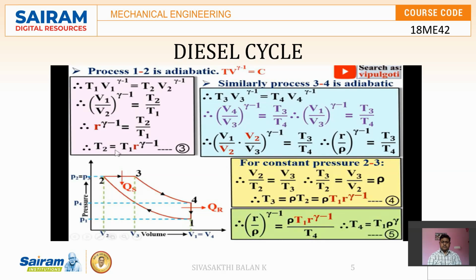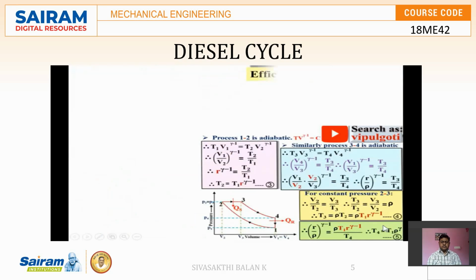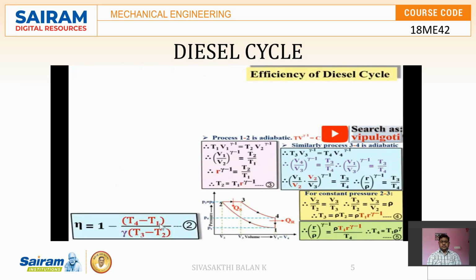So now I have T2, T3 and T4 in terms of T1. Now I can use the efficiency of the Otto cycle that we have already derived earlier. I can put all these values of T4, T3, T2 in this equation.